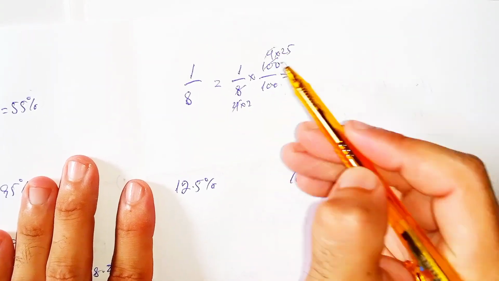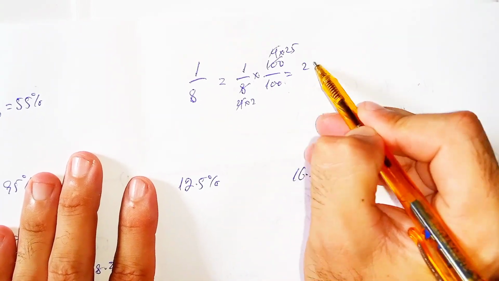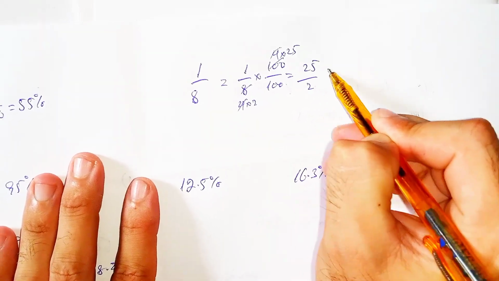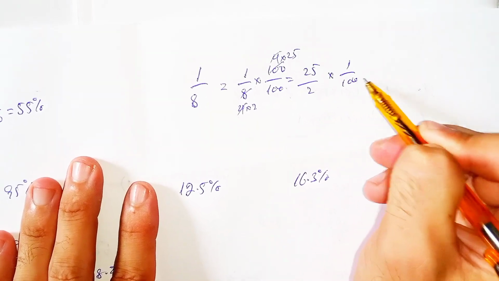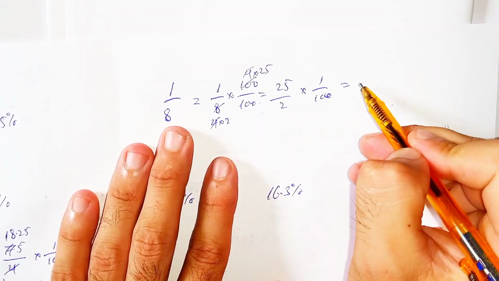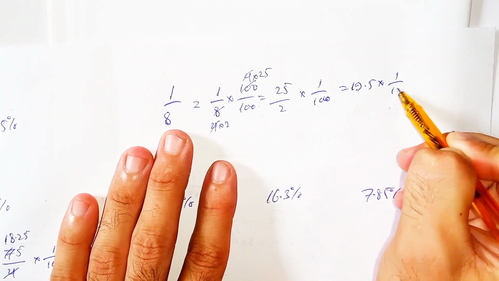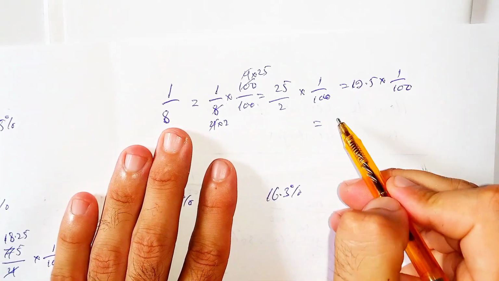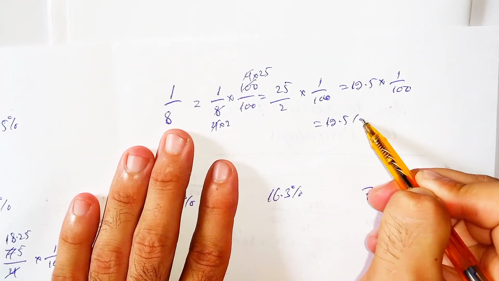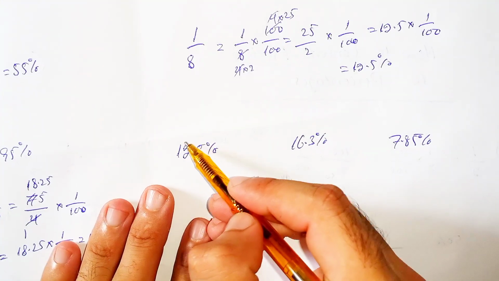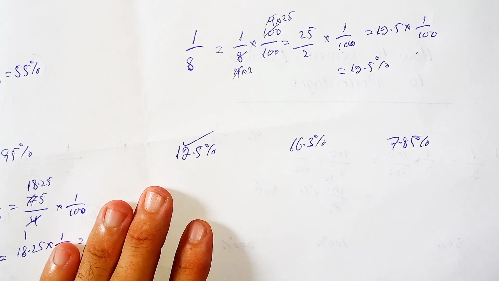So we will cancel the 4 with 4, which gives 25 over 2 multiplied by 1 over 100. Right, 25 divided by 2 is equal to 12.5 multiplied by 1 over 100, which is equal to 12.5%. So the correct answer is 12.5%.